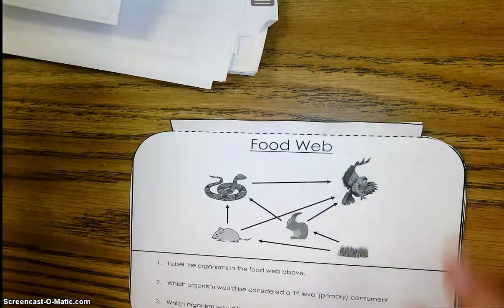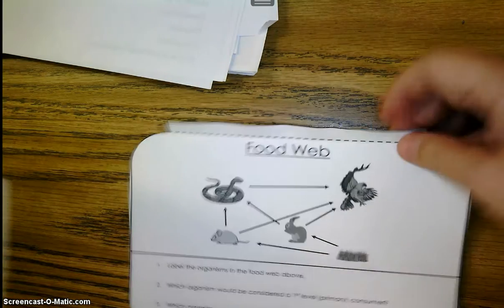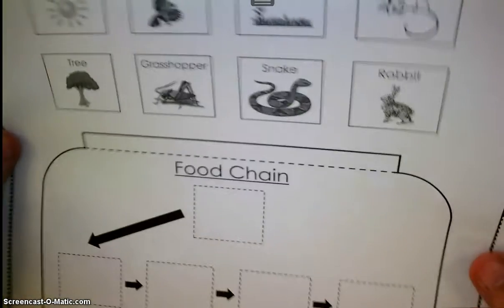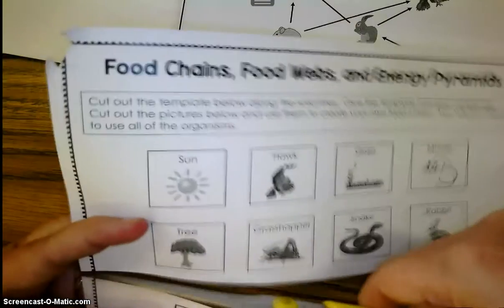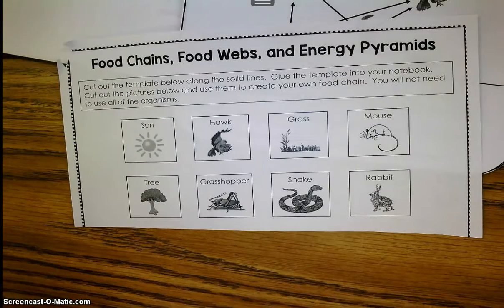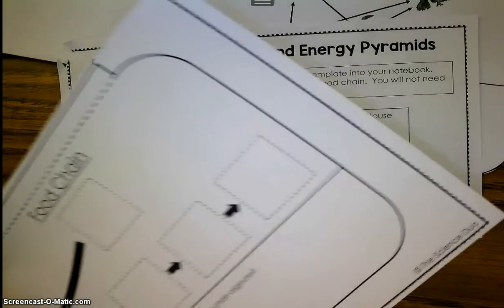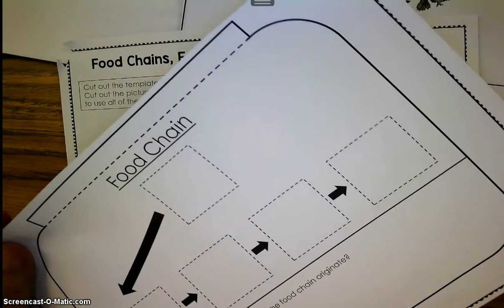Now we're going to take that front page, and this time when we cut, we're going to be sure that we don't throw away the 8 boxes at the top, okay? And then we're going to cut around the outside perimeter of the bottom.